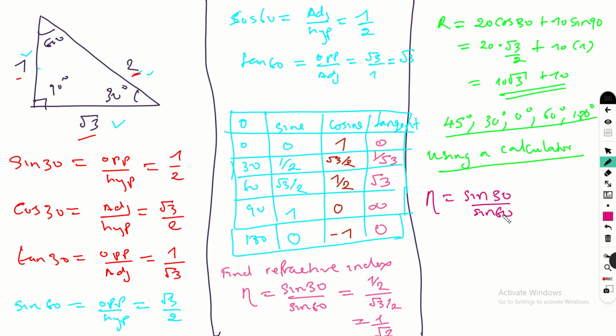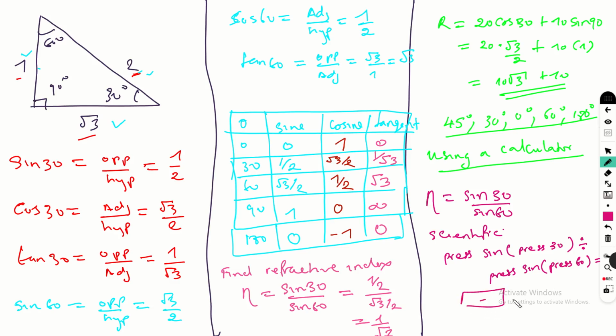You go on your scientific calculator, you press sine, open the bracket, press 30, close the bracket, press the division sign, and then you press sine, press 60, close the bracket, and then you press equals, and then you have your answer on the screen.